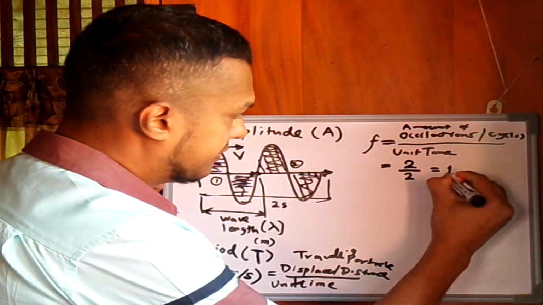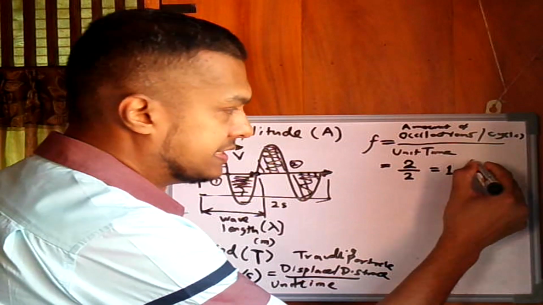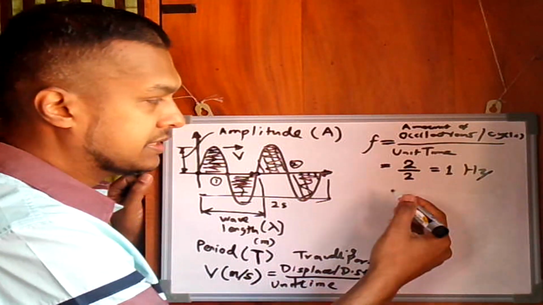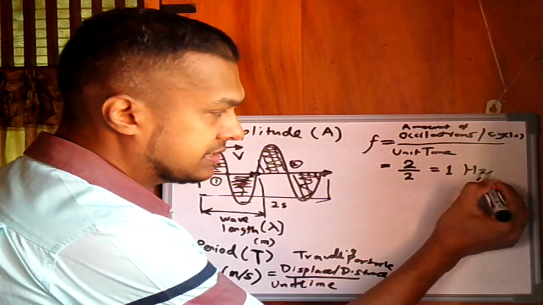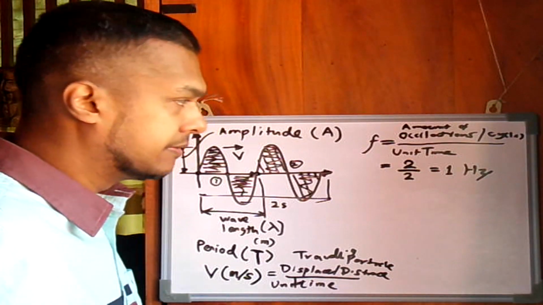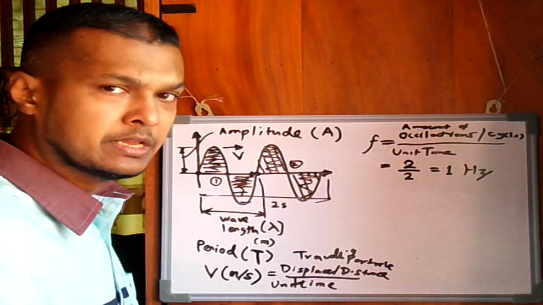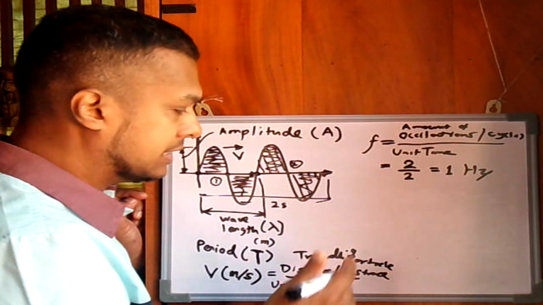So frequency is 1. And the unit for frequency is hertz, which is oscillations per second. This hertz is named after the scientist who found the unit, the frequency, by his experiment. So that's why it's called hertz.